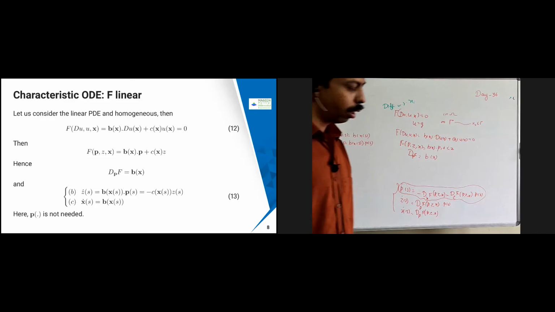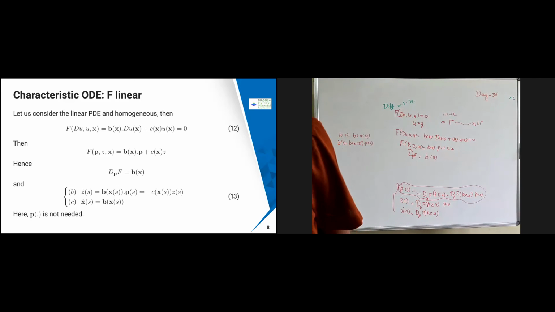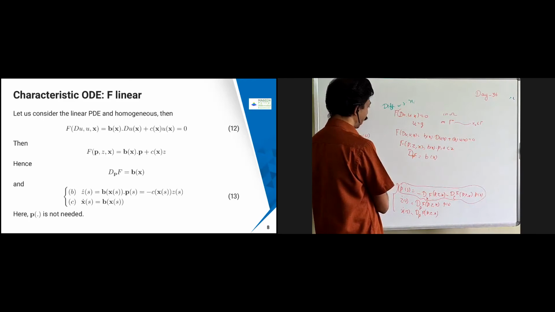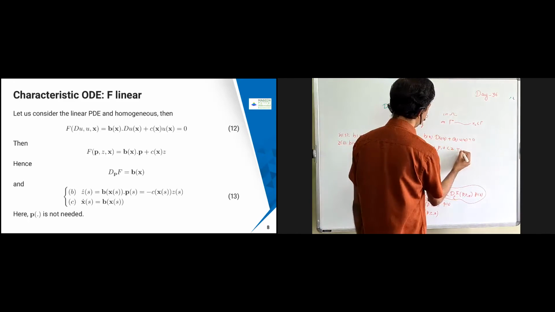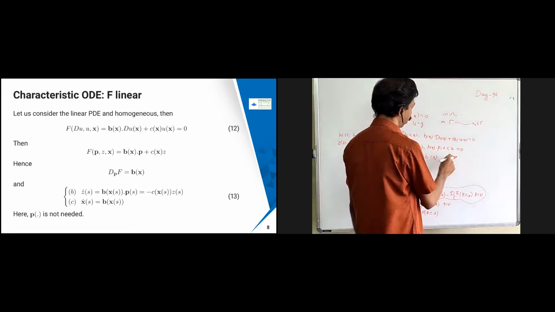Okay, but what is P of x of s into P of s, if I substitute over here? This is going to be equal to 0. If I substitute in this equation, P of x into P of s plus C of z equal to 0.